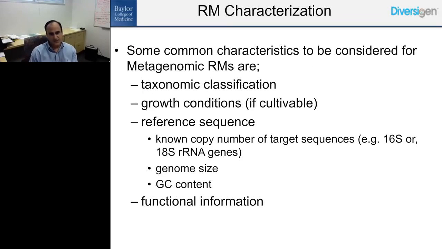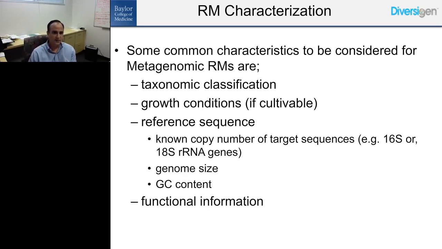So in the absence of a commercially available reference material, you might go out to develop your own reference material. Some of the considerations that you would want to look at are taxonomic classifications. You would want a broad spectrum that represents your test material. You would want to look at the growth conditions of those individual members, are they available?